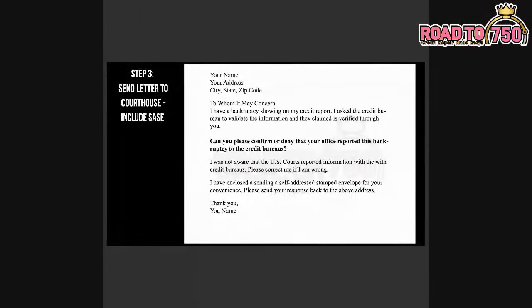All right. So again, this is the letter that you send to the courthouse, included with a SAS, which is what I just showed you guys, right? So far, to catch you up, what you have done is requested all of your consumer reports from LexisNexis, ARS, and SageStream. It usually takes them about 7 to 10 business days to get your consumer report to you in mail.